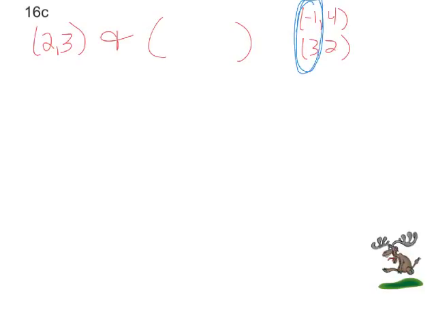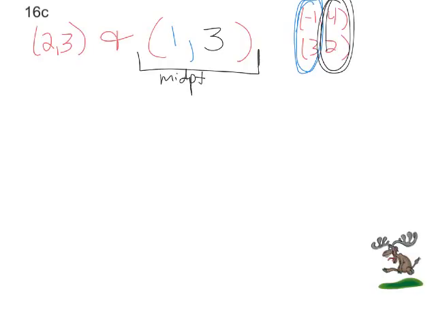So 3 plus negative 1 is 2, and we divide that by 2, and we get 1. And then the average of the y values, 4 and 2, is 6 divided by 2 is 3. So there's our point, second point. This is the midpoint of those two coordinates. So we want the line through those two values.